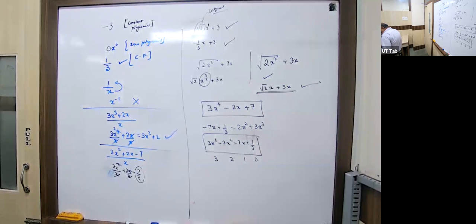Okay, now in the unsolved exercise, this one, the first one, how many zeros? No zeros. Second one, third, fourth, fifth, last one, 3.